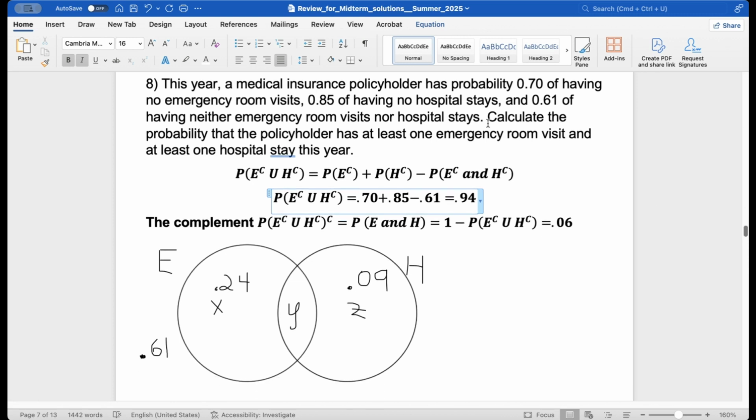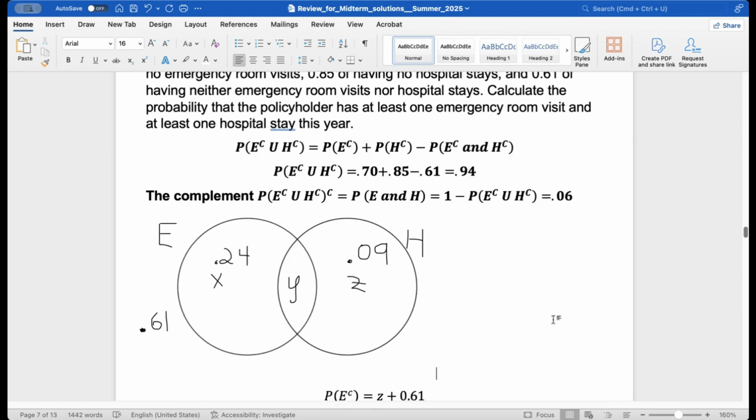We have 61% have neither an emergency room visit nor a hospital stay. So that's 61% outside the circles. We have 70% have no emergency room visits. So no emergency room visits means you're outside the E circle.